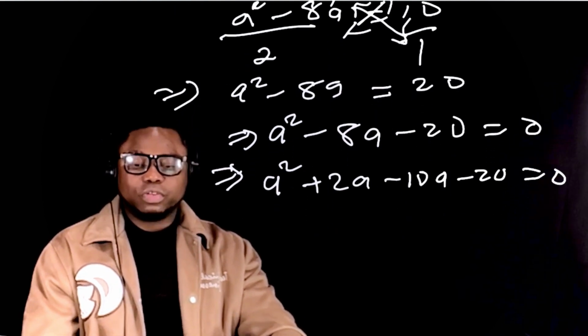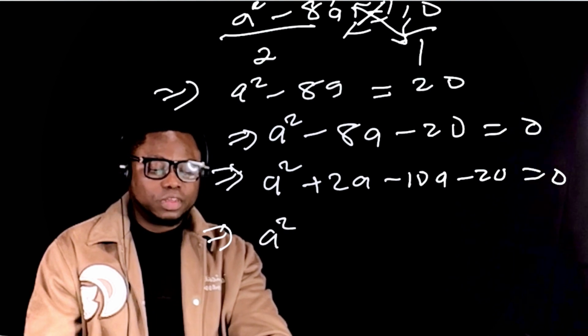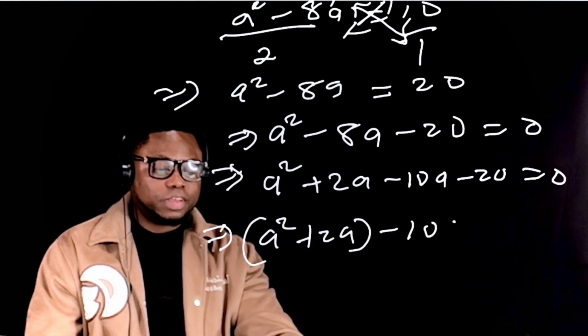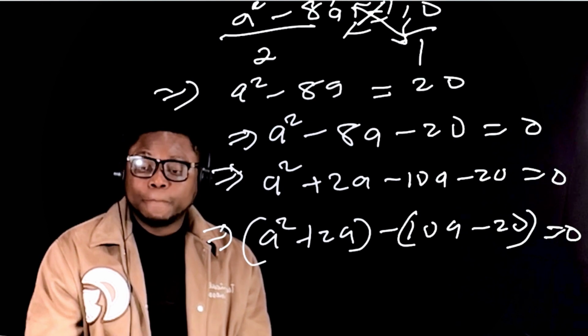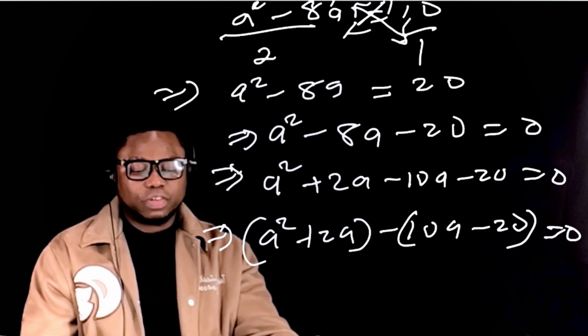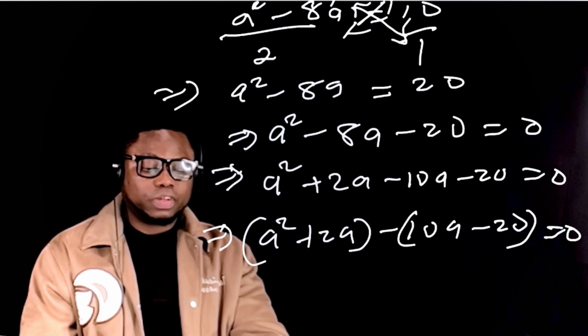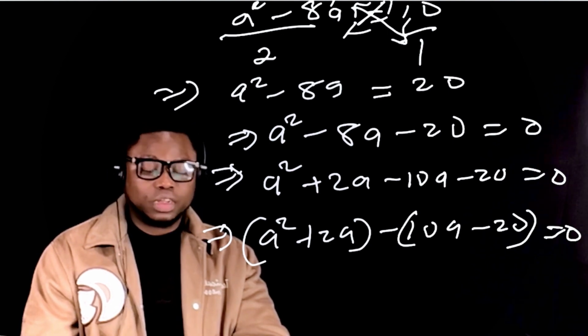The next thing I'm going to do, this is how to do the factorization method, is introduce brackets: a squared plus 2a in one bracket, minus 10a minus 20 in another bracket, is equal to 0. Now I'm going to factorize each bracket by finding a common factor. The common factor in the first bracket is a, because a can divide across a squared and 2a.